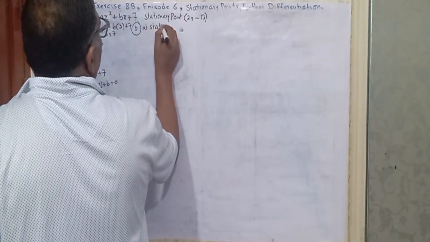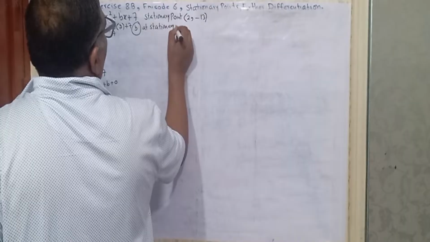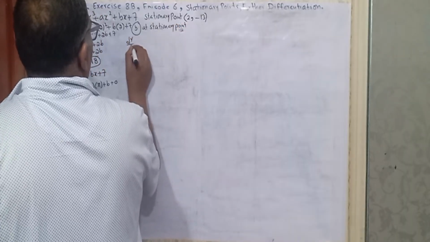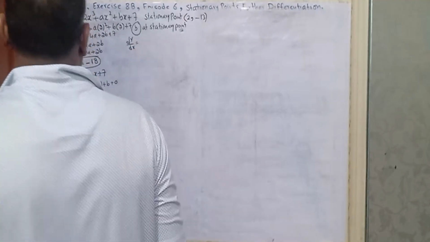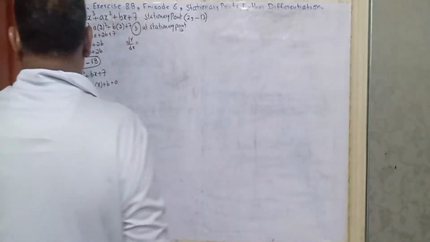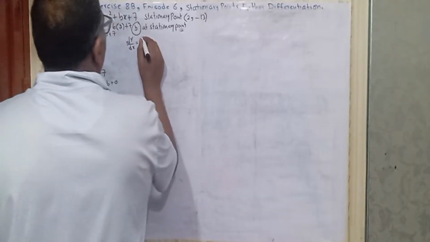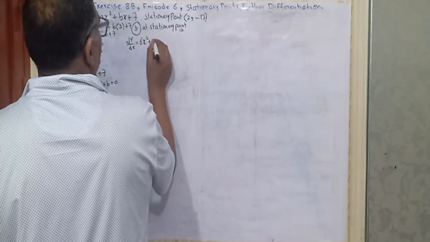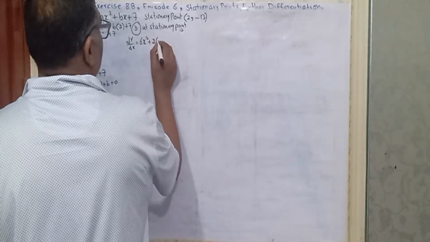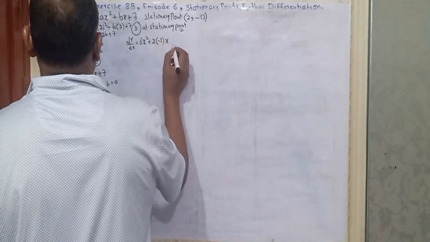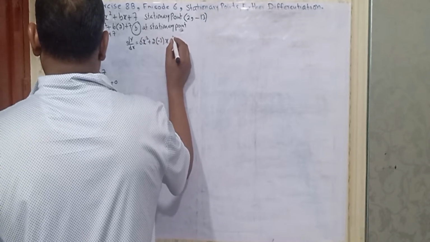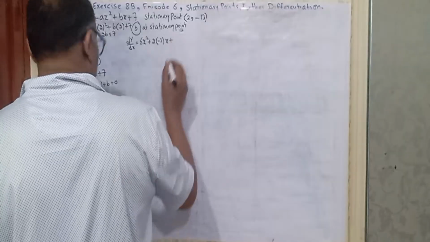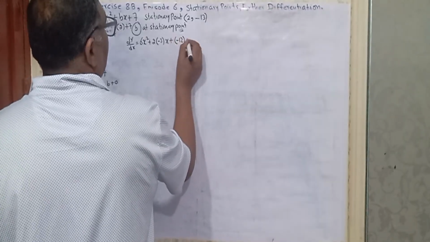At a stationary point, dy by dx, which is 6x squared plus 2ax, where a is minus 3, so minus 6x, plus b, where b is minus 12, should be 0.